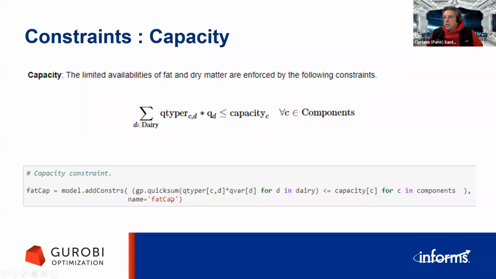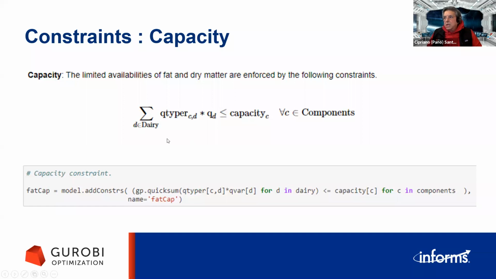And then in this method, we basically just translate the inequality that we have here in terms of the quicksum. So quicksum is the summation of the product of the quantity per unit of producing dairy product D and consuming raw material C times the volume or the production of dairy product D. And this will run over all the dairy products.